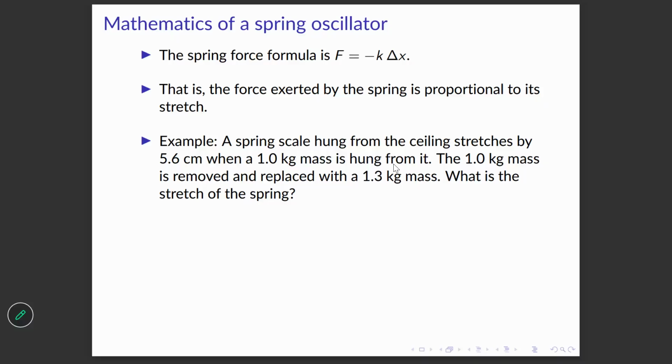If it's just hanging there, there can't be a winner, so they must be in equilibrium. So I'd say mg for 1 kilo, 1 times 9.8 newtons, equals 5.6 centimeters times your k. Solve for k. What do you get?